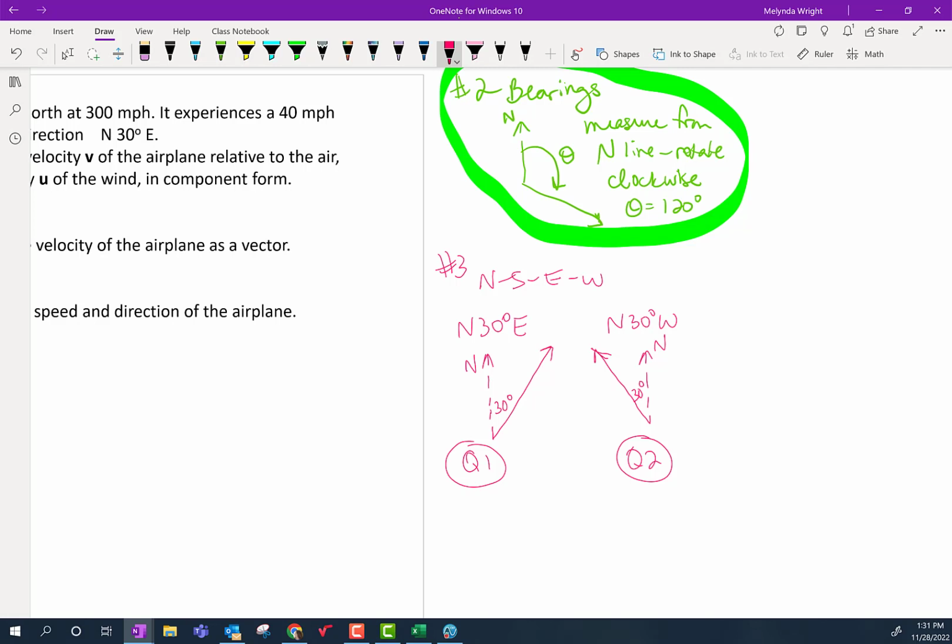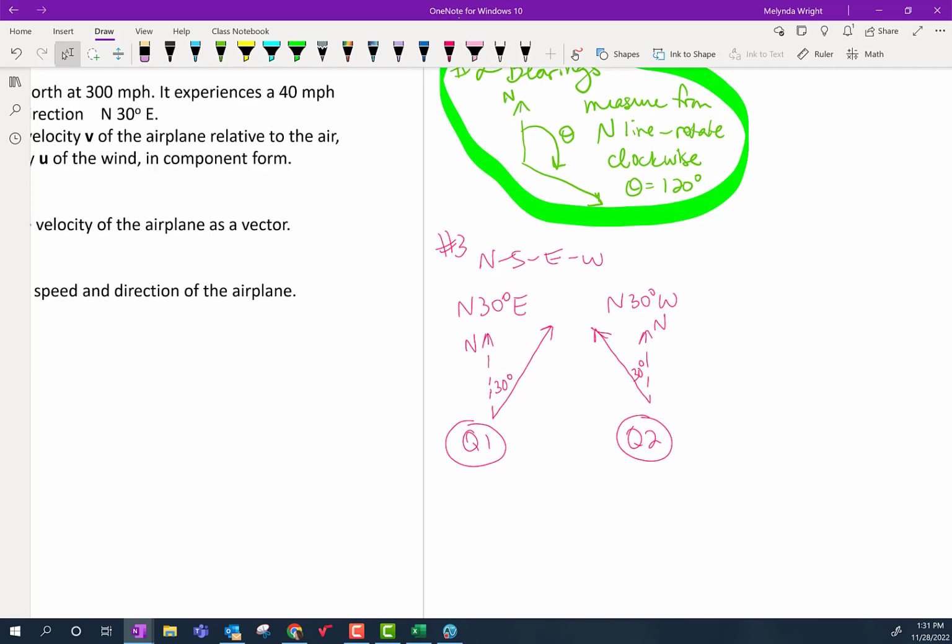Why do we care which quadrant it's in? Because the quadrant determines the sign of the component. And this is so important, I'm just going to write a big asterisk.